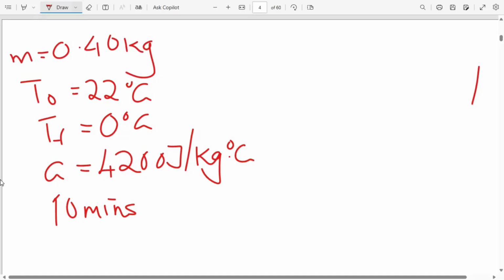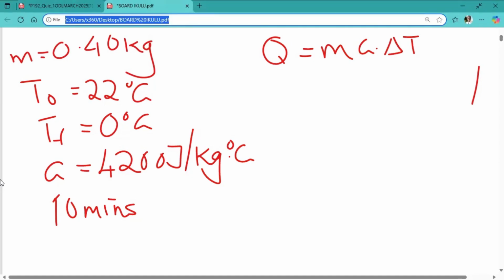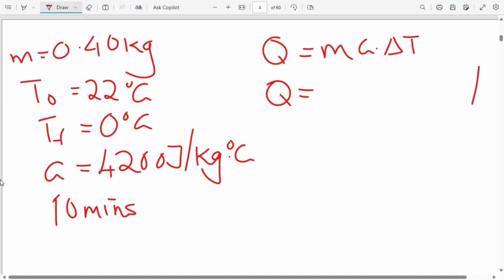They've asked us to calculate the heat that is lost. We'll say Q is equal to mc multiplied by change in T. So our Q will be equal to mass, which is 0.4, multiplied by the specific heat capacity, multiplied by the change in temperature, which is 0 minus 22, giving negative 22 degrees.